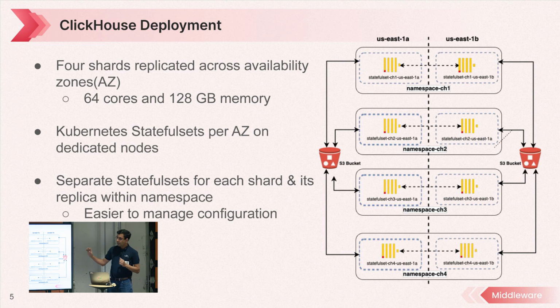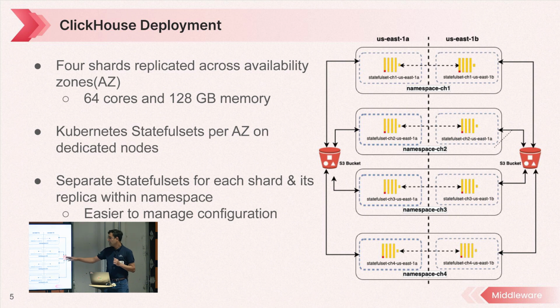And if you observe, each one of them is a different stateful set, but in the same namespace for a given shard. The reason we did it is because the configurations are different depending on the shard and the availability zone.